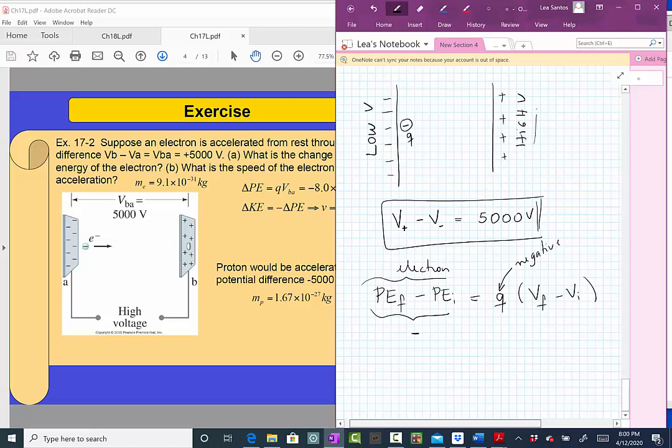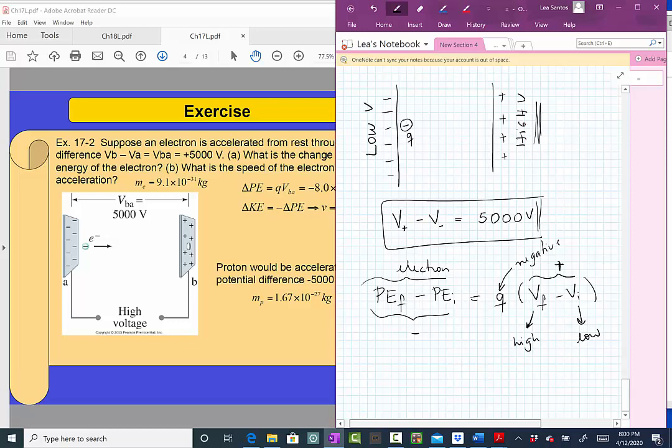Remember, the convention is the plate that is more positively charged has high potential, the one that is more negatively charged has low potential. So the negative charge will move from low V to high V. So the final potential is high and the initial is low. So this is really positive. Okay, so that's all we need to know.